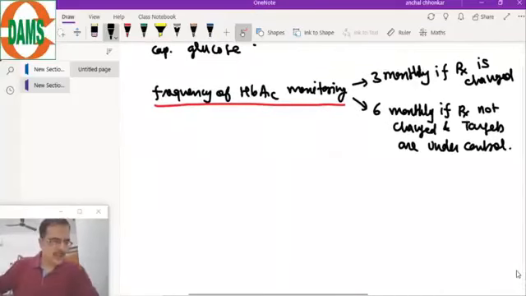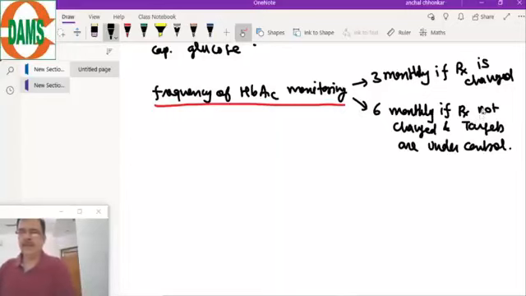So it should be done every 3 months if we are changing the dose of the patient, and 6 monthly, twice a year, if treatment is not changed and the patient is achieving the sugar targets, which are 80 to 130 fasting or preprandial, and postprandial of less than 180.